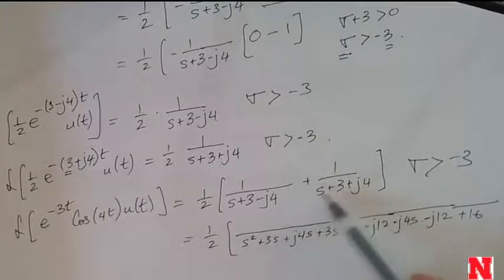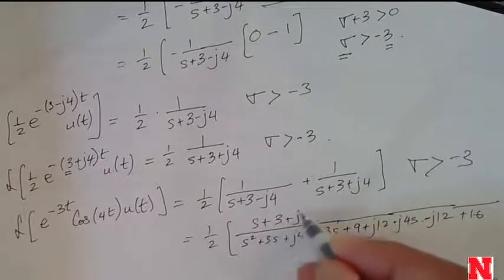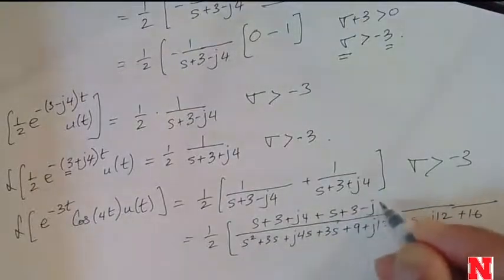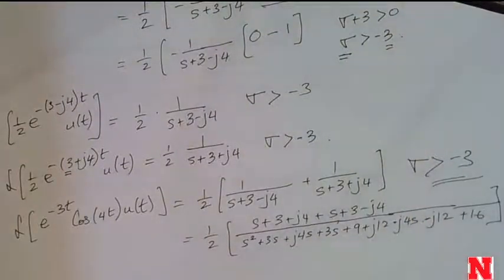And then above I'll have s plus 3 plus j4 plus s plus 3 minus j4. And of course, sigma is greater than minus 3.